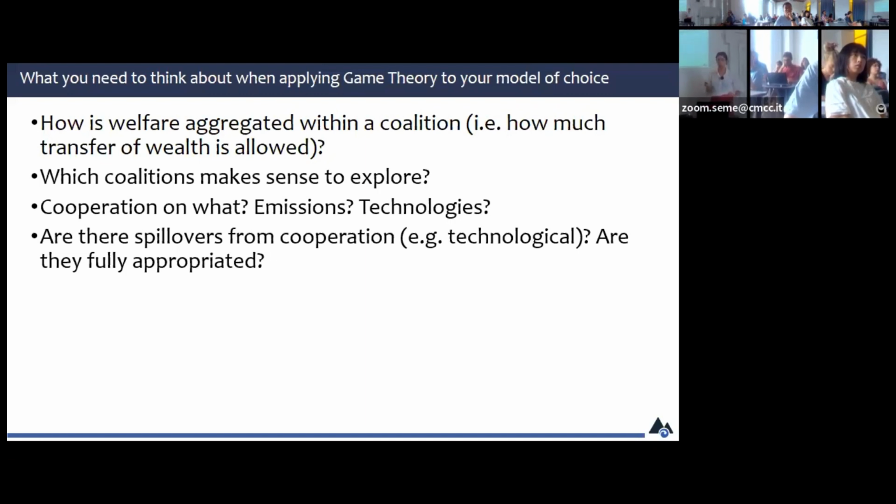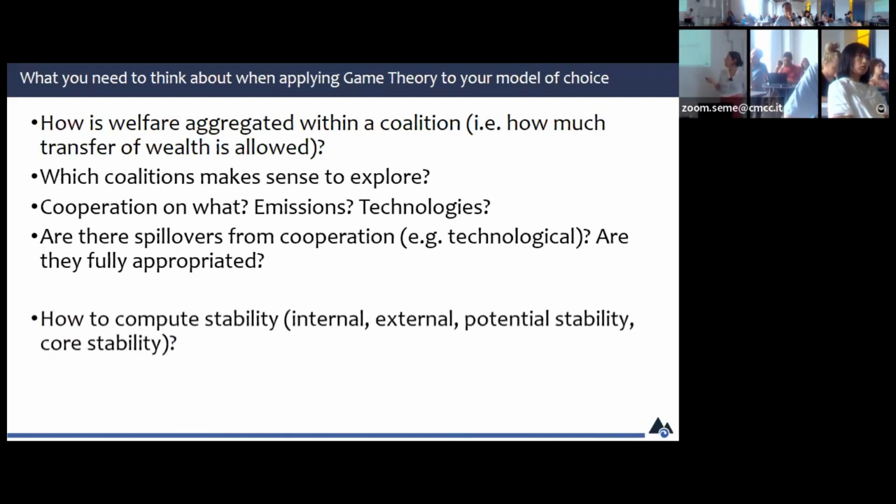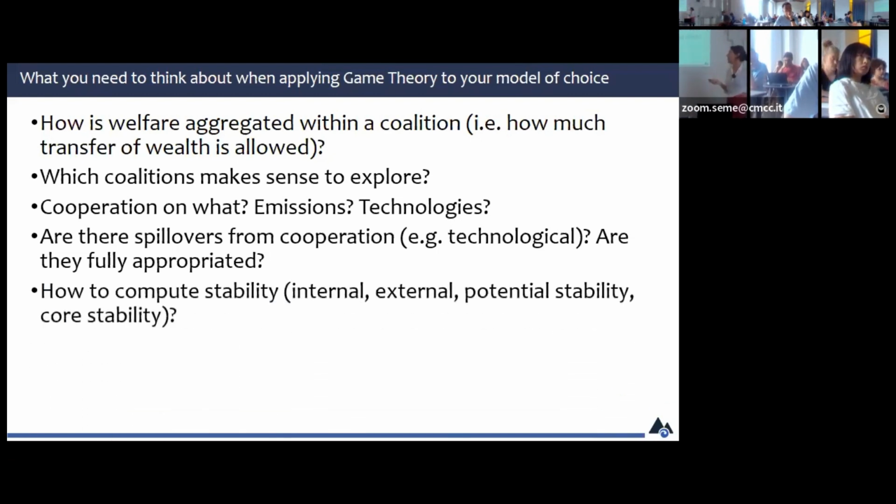And there are theory papers that have explored that. Then how do you compute stability? Internal, external, potential, core stability. As I said, you can have fun with all these concepts and include all that in the supplementary information and use in the main paper possibly the internal, external stability, which is the most used.